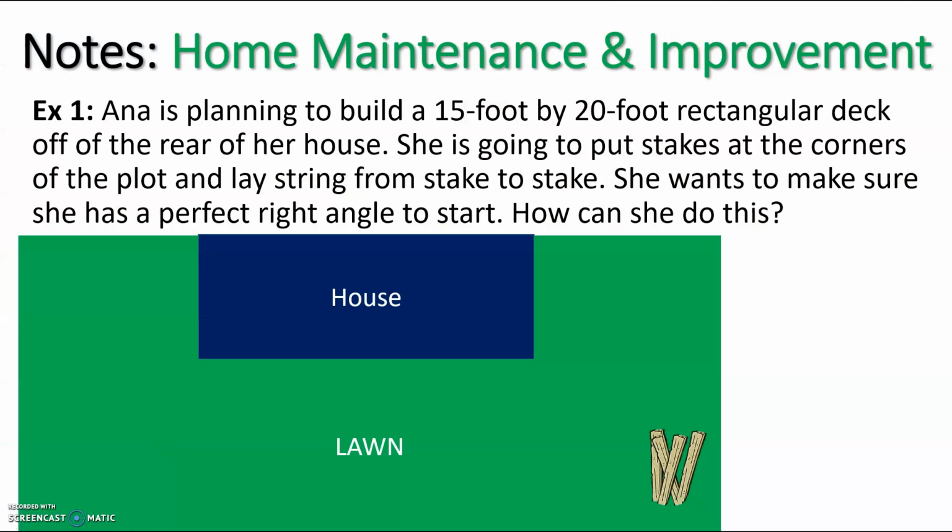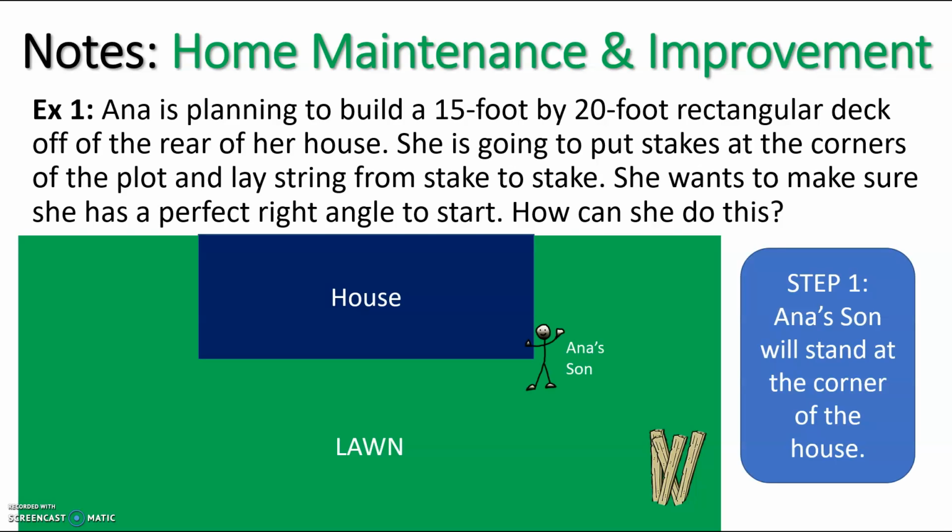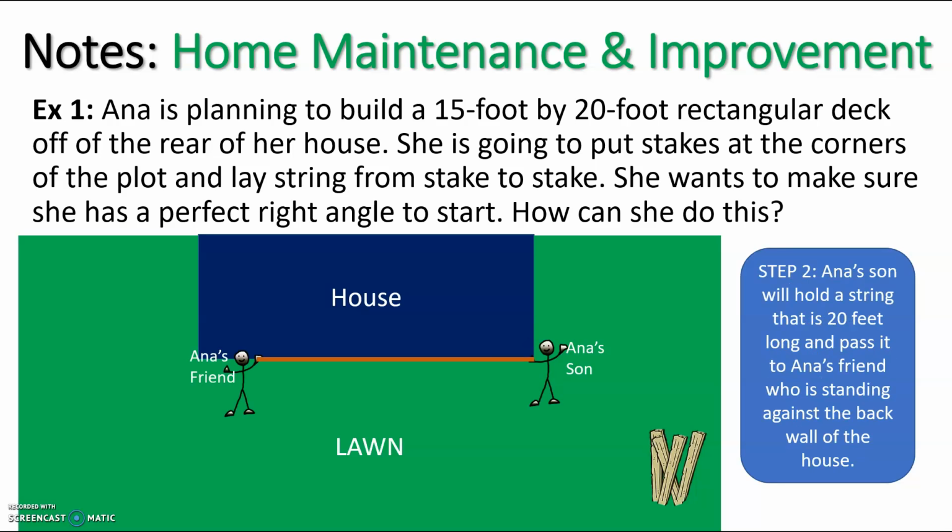All right, so Anna has decided that she is going to have her son and her friend help her out. She's going to start by having her son stand at the corner of the house. Anna's son will hold a string that is 20 feet long and pass it to Anna's friend who is standing against the back wall of the house.